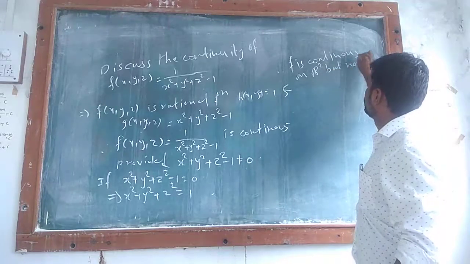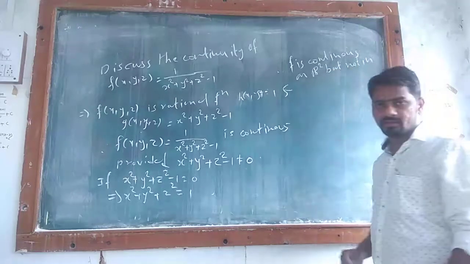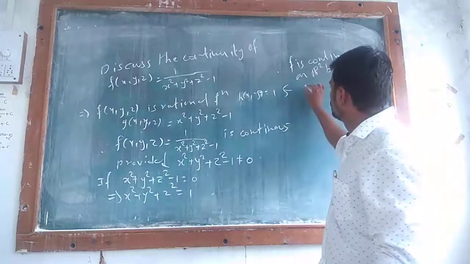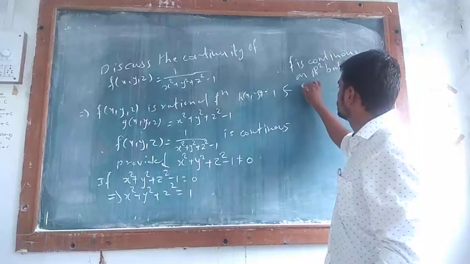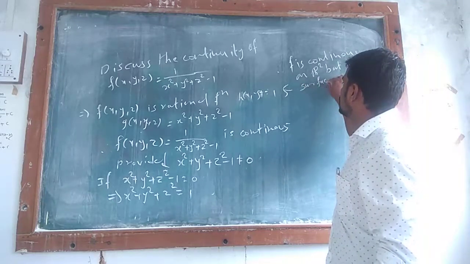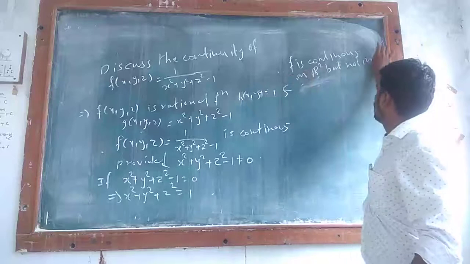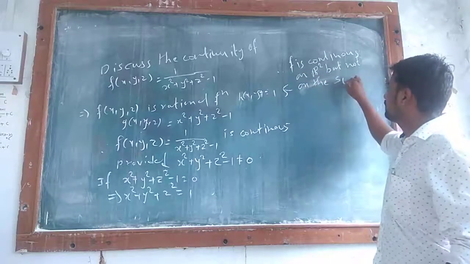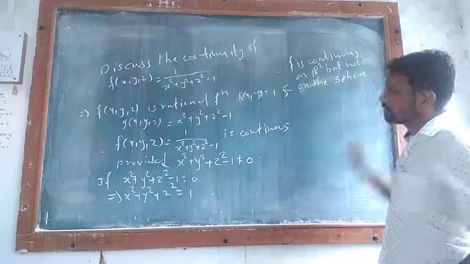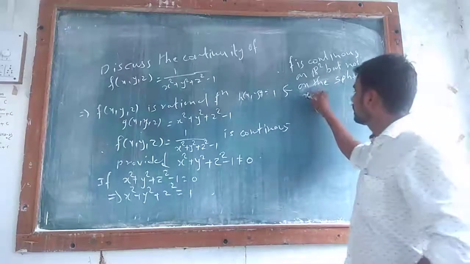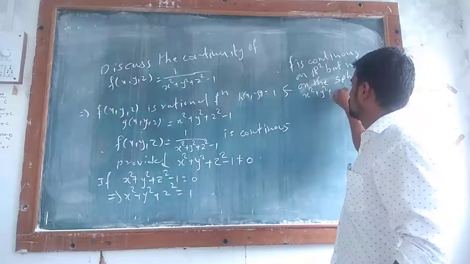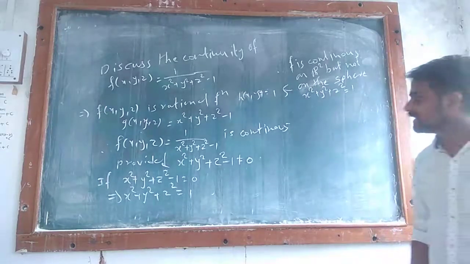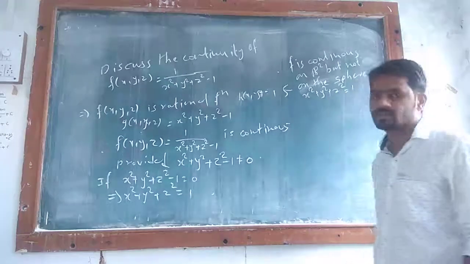F is continuous on the whole space, but not on the surface of the sphere x square plus y square plus z square is equal to 1, that is, the sphere centered at the origin with radius 1.